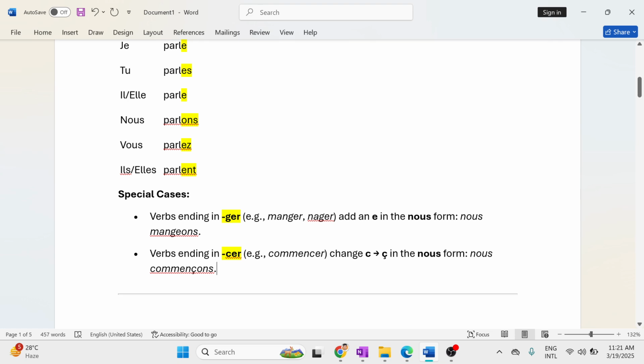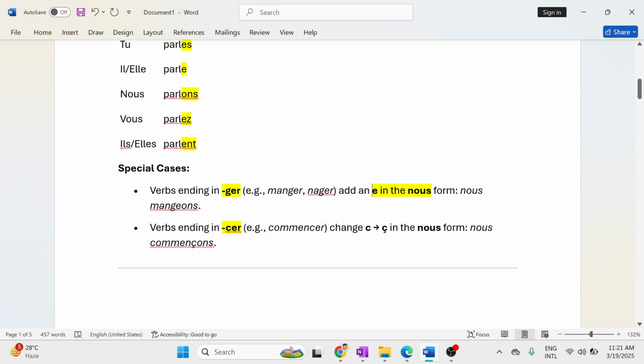For GER, with nous we add an extra E before the G to make the phonetically perfect soft sound: nous mangeons. With CER, you don't need any extra letter, but just the C changes to Ç, C with cédille. This changes the sound of the letter and makes it sound as 'so', not as 'ko'. Otherwise, this C before the O means 'ko', but we don't want to say 'ko', we want to say 'so'. Nous commençons. That's why we add the cédille, and the sound becomes soft.